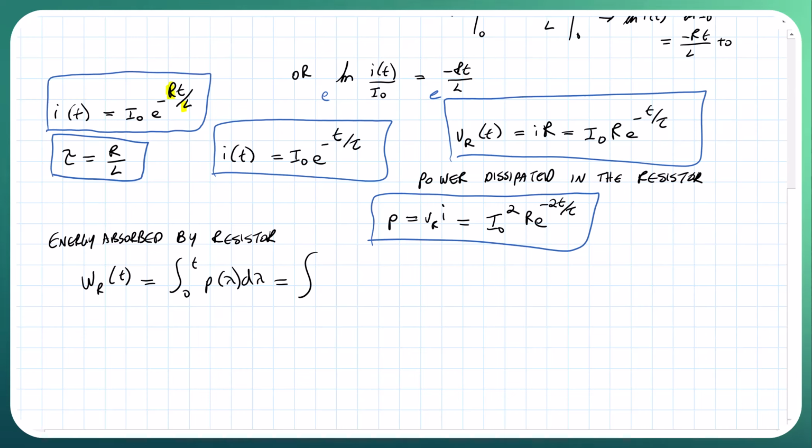We further simplify this: it's I naught squared R e to the minus 2 lambda over tau d lambda, which equals minus tau over 2 times I naught squared R e to the minus 2 lambda over tau, going from 0 to t, where tau is equal to L over R in this case.